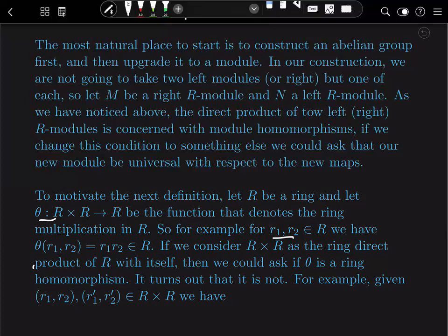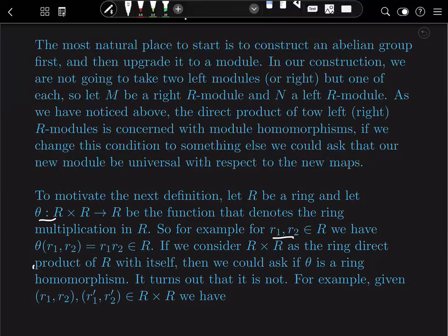Is this a ring homomorphism? If we consider R cross R as the ring direct product of R with itself, which exists under component-wise addition and component-wise multiplication, we can ask if theta is a ring homomorphism from R cross R into R.